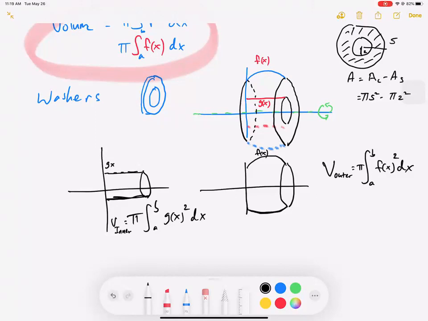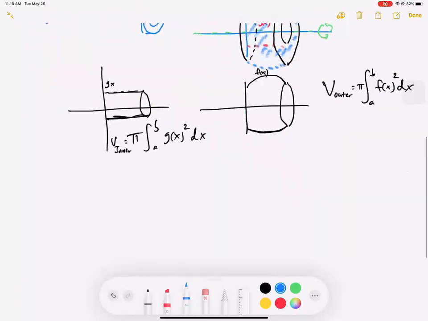So how do we find the volume of this donut section right here? Well, we just subtract the inner from the outer. The formula is, the volume is equal to the volume of the outer minus the volume of the inner.